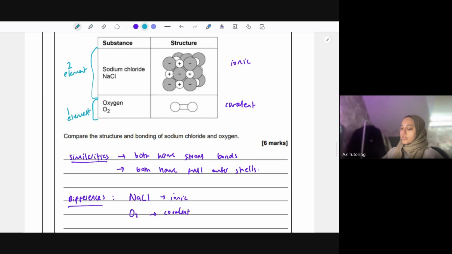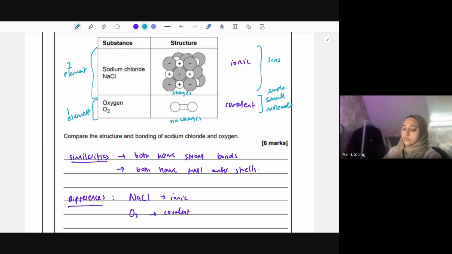You could say sodium chloride is a giant structure of ions, whereas oxygen is just a small, simple molecule. You could say this is an ionic lattice structure. You could speak about how there's no charges in the oxygen, whereas there's charges here.